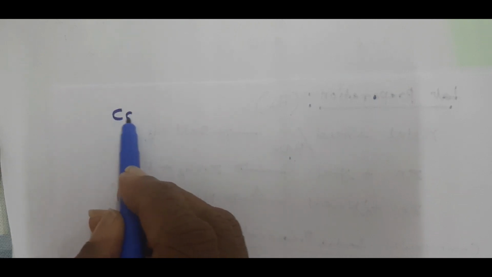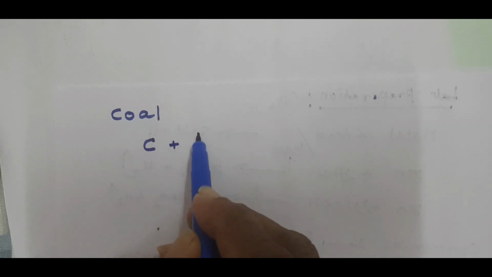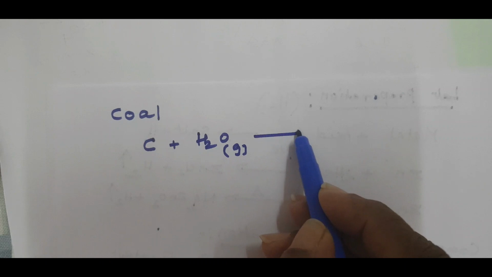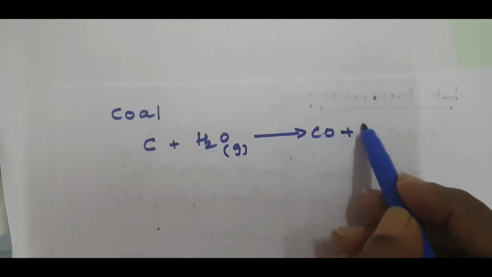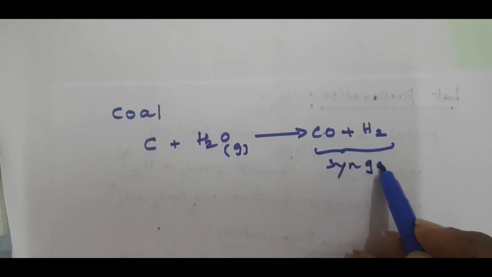If syngas is prepared from coal, that is carbon, with steam in the gaseous state, you will get carbon monoxide plus hydrogen. And this is called syngas or synthesis gas.